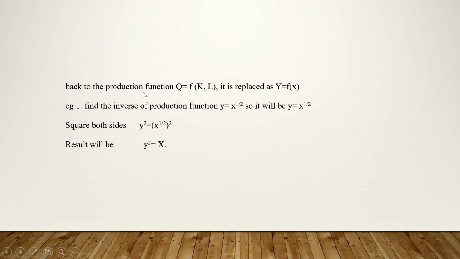So back to the production function, Q equals F(K, L). It replaces y, which equals f(x). That's the inverse that we are talking about.